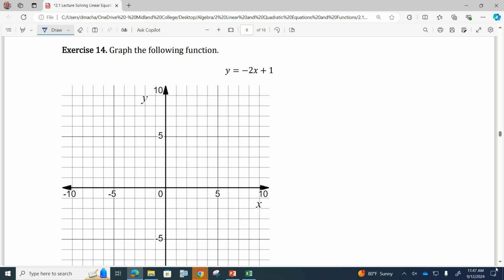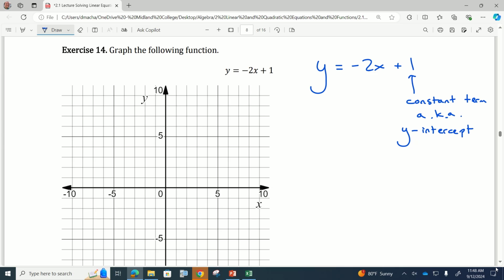If I want to graph this, I said this at the very beginning of lecture, but this is the constant term, and it's also called the y-intercept. Yeah, it's also known as the y-intercept.